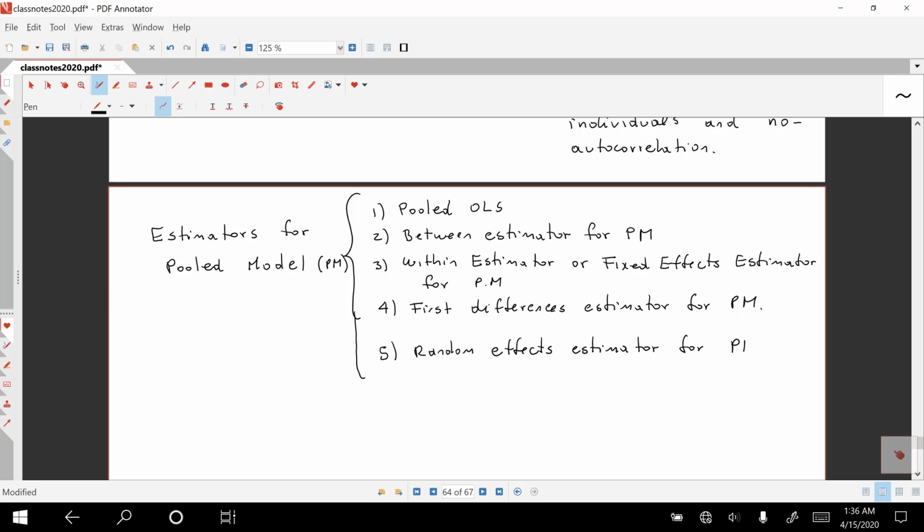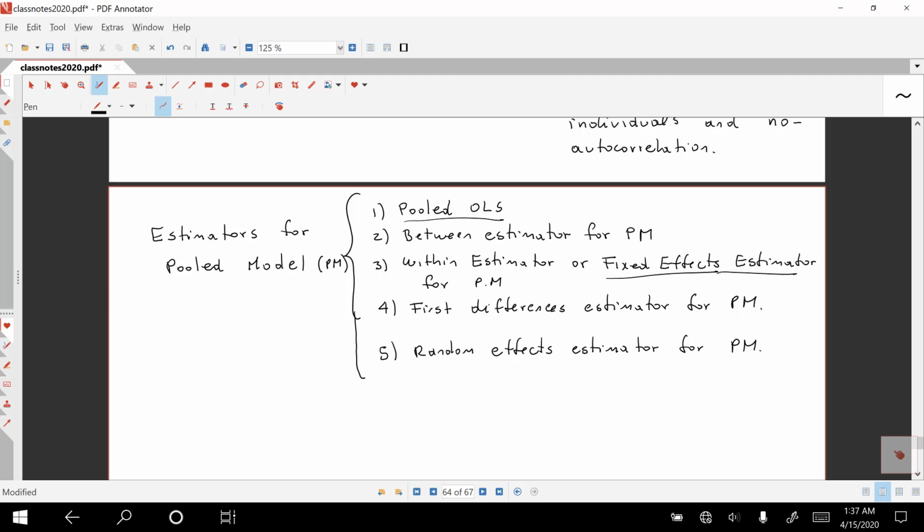Okay, so now remember, and I'm letting you know this in advance, because as you can see, some of the estimators have the same name as the model structures that we had mentioned before. So remember, one thing is the model and another thing is the estimator. So of course, for the pooled model, we're going to have pooled OLS, but also something called the fixed effects estimator.